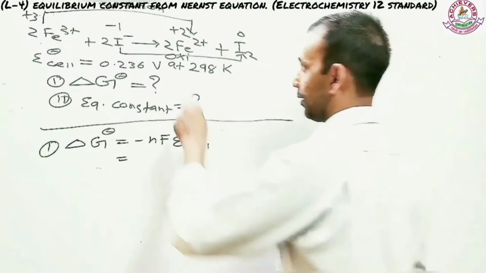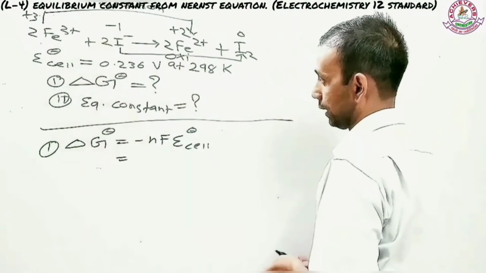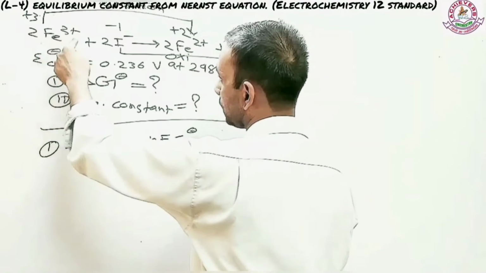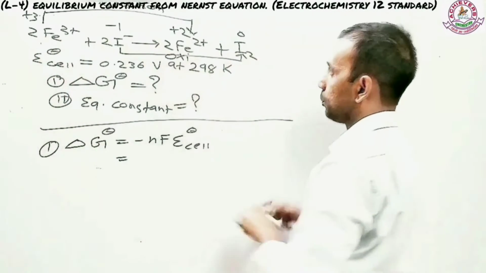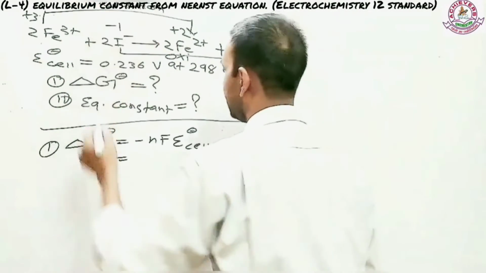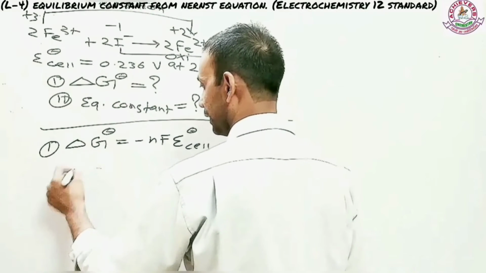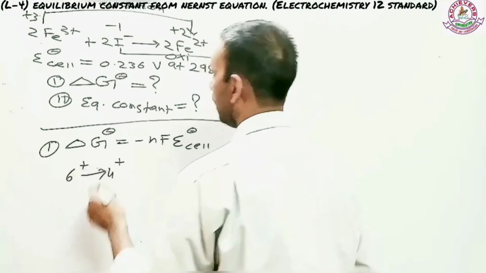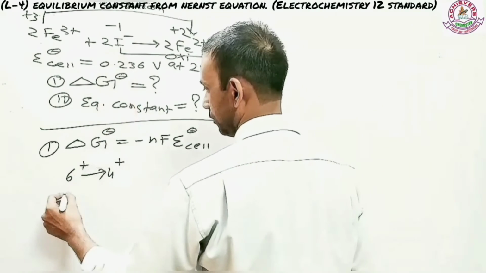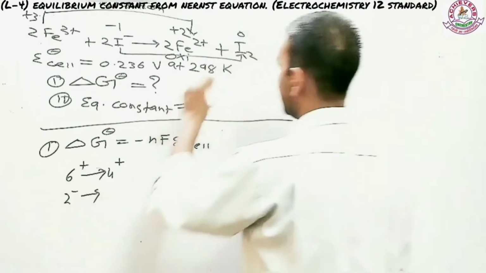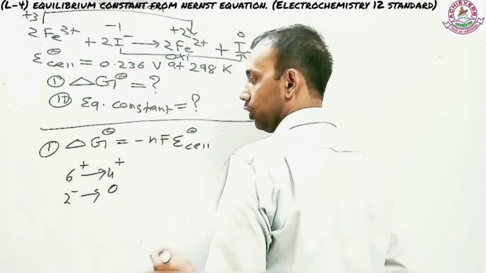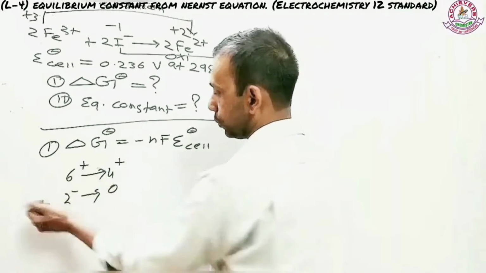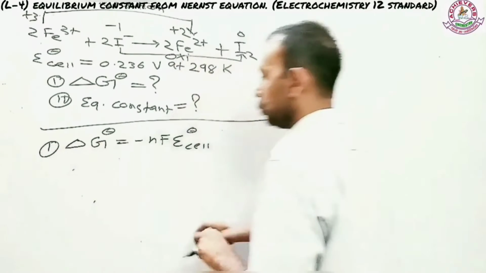First, you have to find out the total oxidation state here. 2 times 3 is 6 positive, and there it is 2 times 2, 4 positive. Now there it is 2 negative, and there it is 0. What is the difference coming out to be? The difference is 2. So simply n comes out to be 2 here.